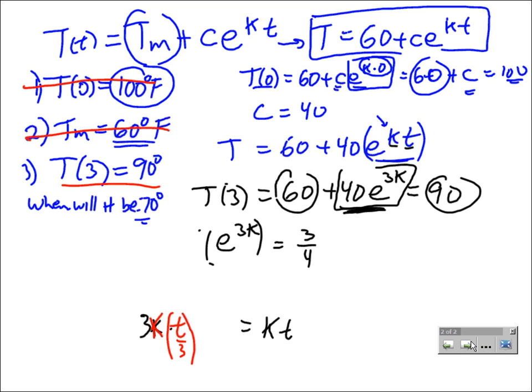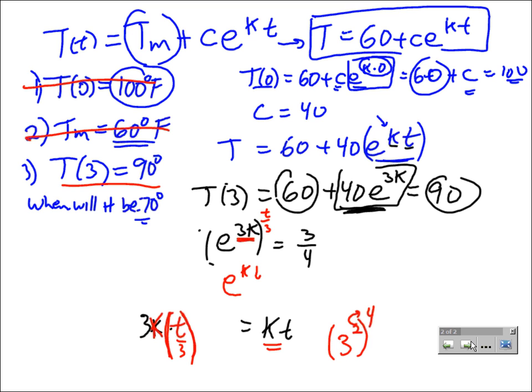That is what you multiply 3k by. What's in this bracket is what you multiply 3k by to get kt. But remember, when you raise to powers, you multiply the powers. So I'm going to raise to the t over 3. And I just said what 3k times t over 3 is.